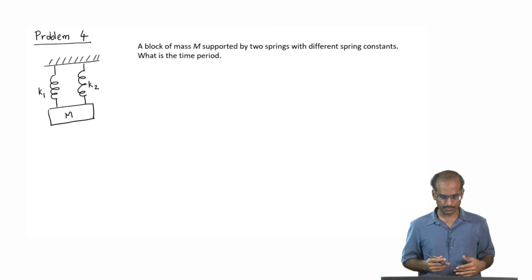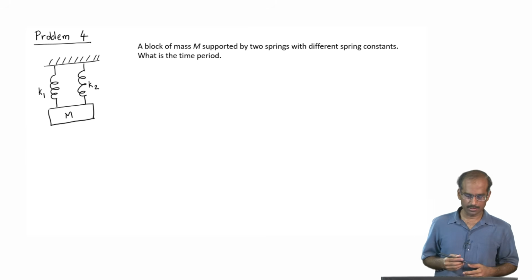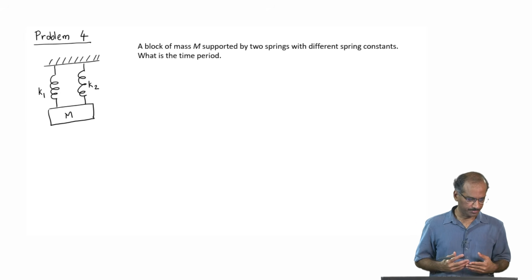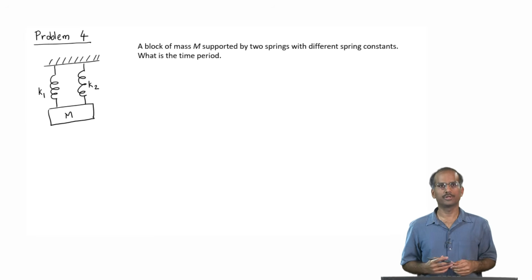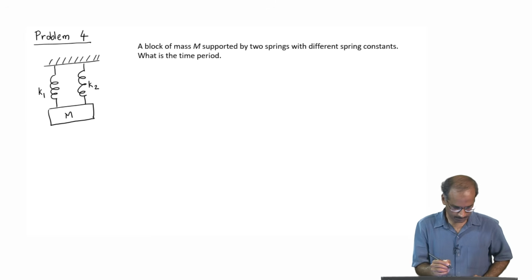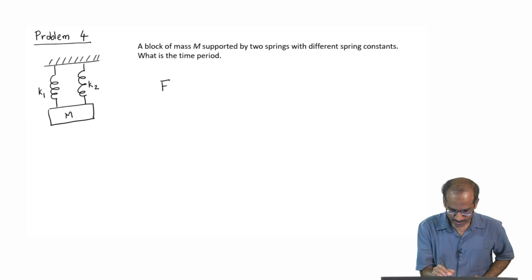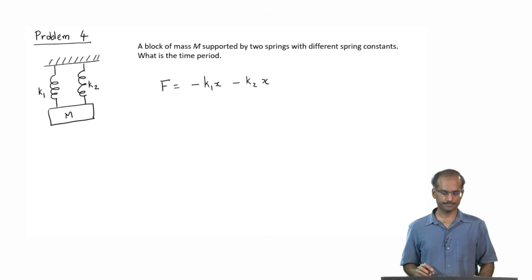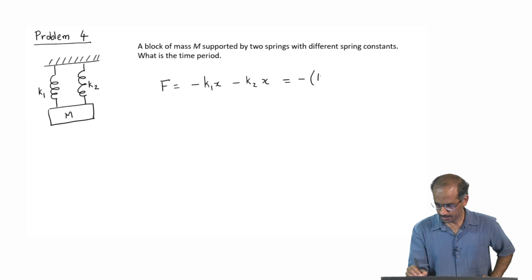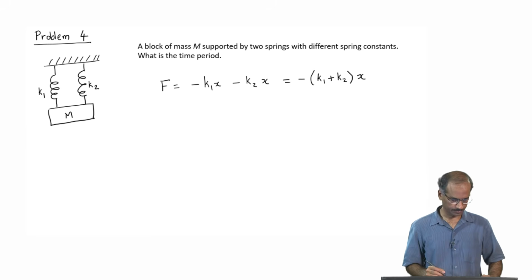So, we avoid that situation, in which case the extensions produced by both the springs will be same, in which case the total restoring force would simply be the sum of the restoring forces. So, I could write it as minus k 1 x minus k 2 x. This will be equal to minus k 1 plus k 2 into x.